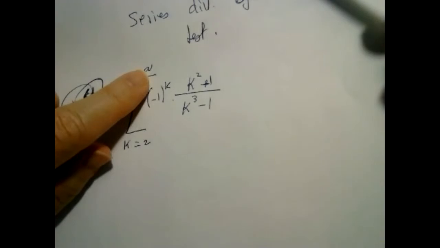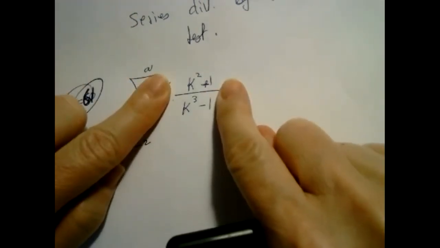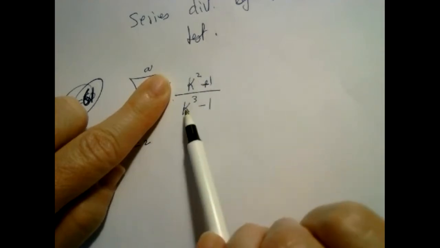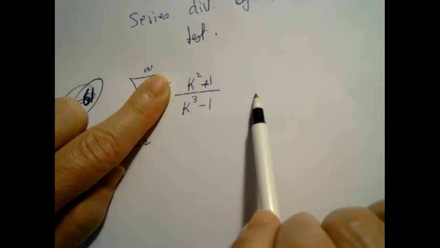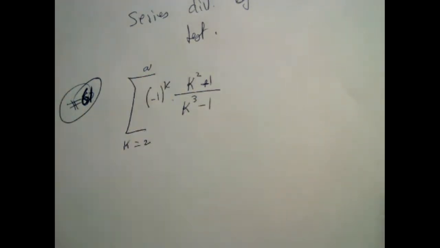First, if I try to imitate the previous one, and I look at those terms, they will go to 0, because when k is large, this is almost k squared over k to the power 3 intuitively, which is 1 over k, which goes to 0. So I don't really have the divergence test. This is useless in this scenario.